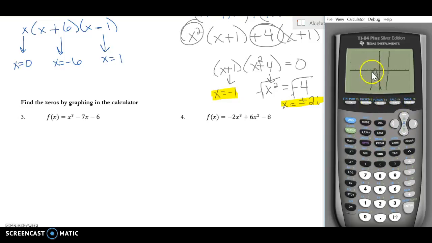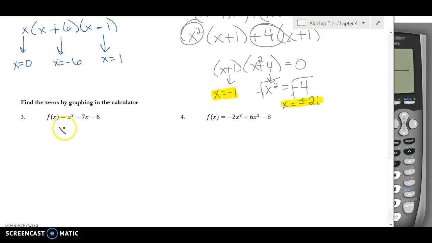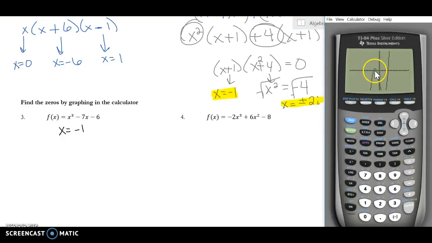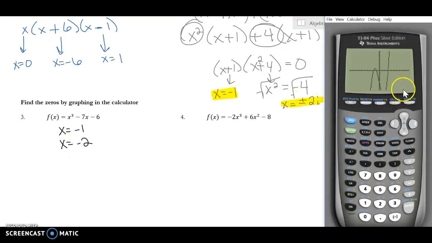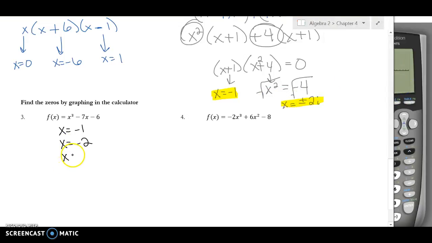And so if you notice, it crosses at -1. It also crosses at -2. And then it also crosses at 3. And so those are my 3 zeros. Because that's all it's looking for. It's just looking for zeros.